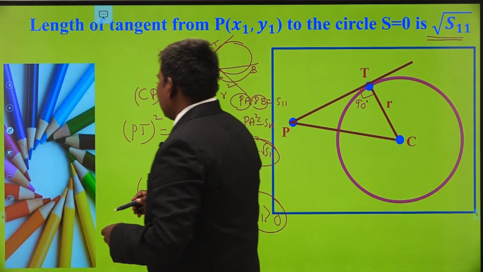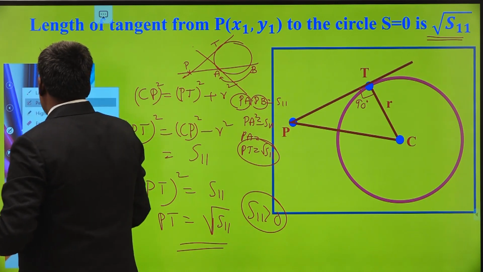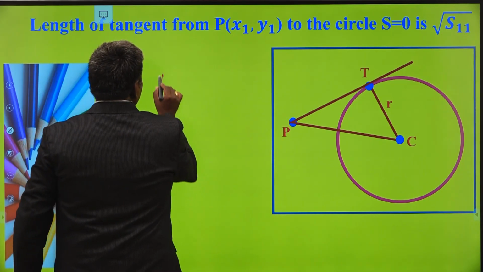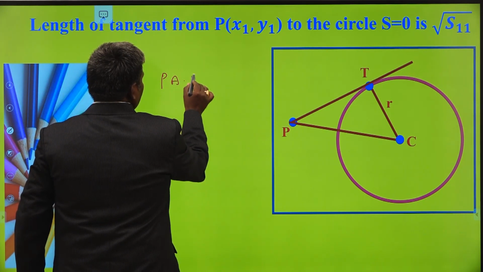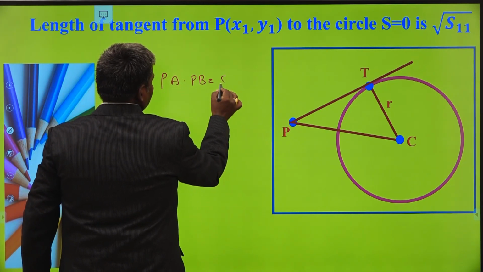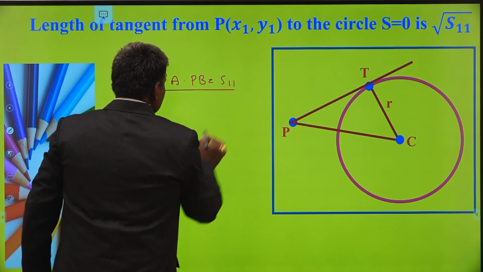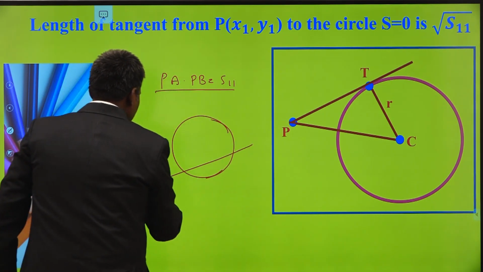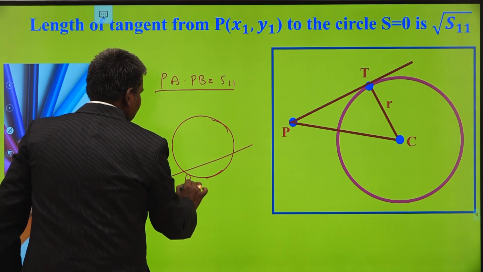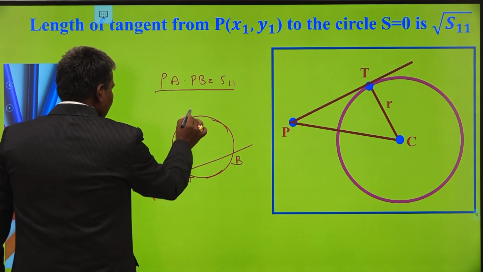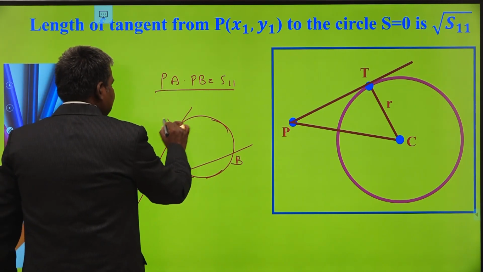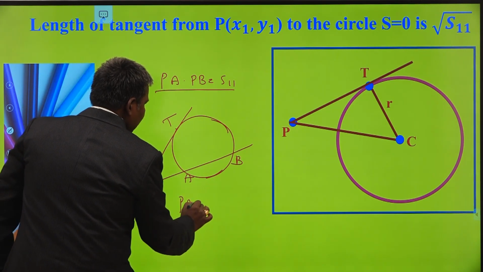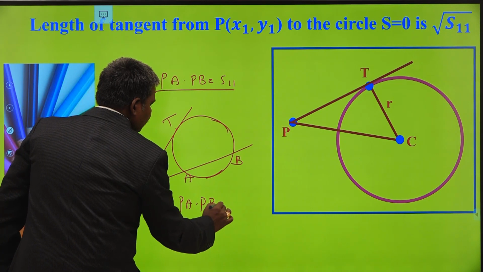In the same manner, we can approach that. PA into PB is equal to S11. Suppose some line intersects the circle through P at A and B. If you draw a line through P that touches the circle at T, then PA into PB is equal to PT square.